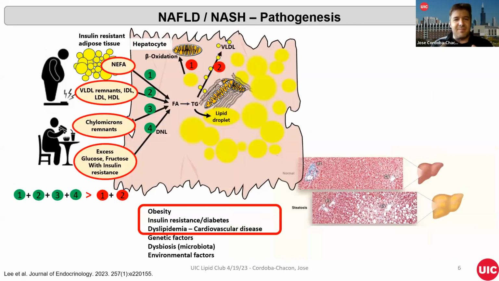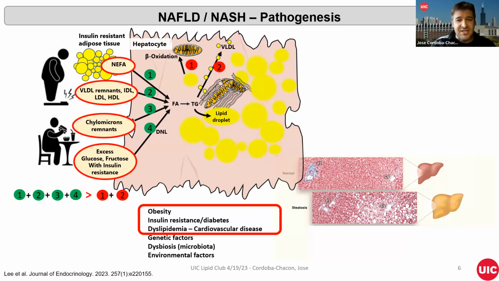But how this happens is this: everything starts at the level of the hepatocytes, which are the main cell type in the liver, and they are going to be handling the lipids. The lipids are derived from the diet.